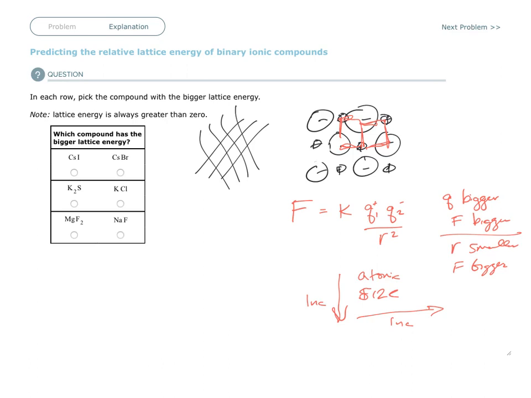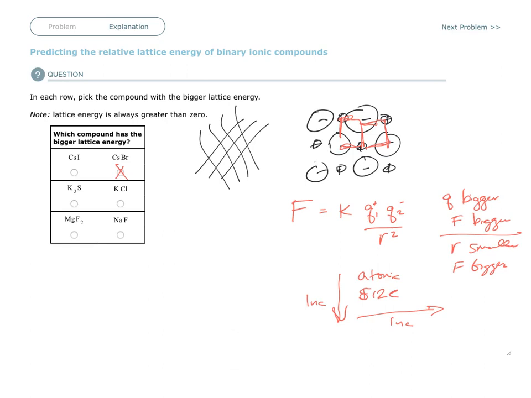Okay, so that means that bromine is smaller, and if smaller means the R is smaller, and if the R is smaller, then the force is bigger. Do you see that logic? The smaller atom would pull more because it's closer together, right? So the CsBr would have the bigger lattice energy.